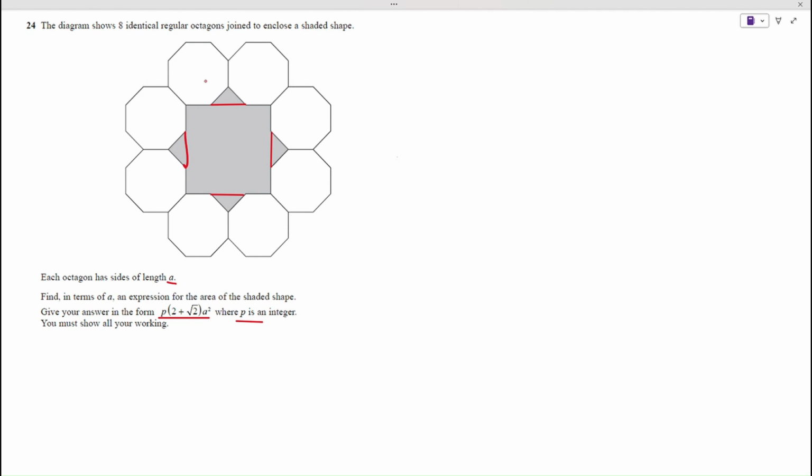We know that they're right angle triangles because if we take the internal angles of a regular octagon, as stated in the question, the internal angle of a regular octagon is 135 degrees. Multiply that by 2, you get 270 degrees, and if you subtract that from 360, you get 90 degrees. Our right angle triangle here is formed by our 90 degrees.